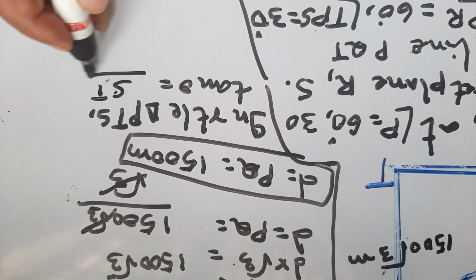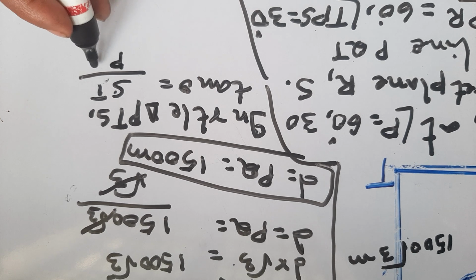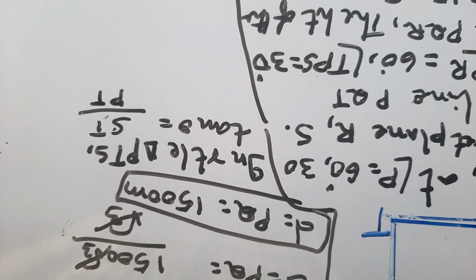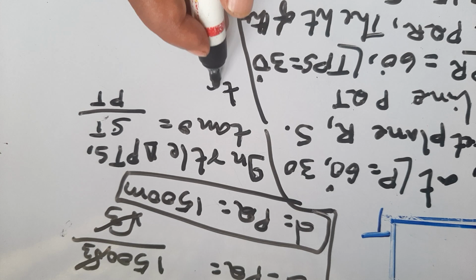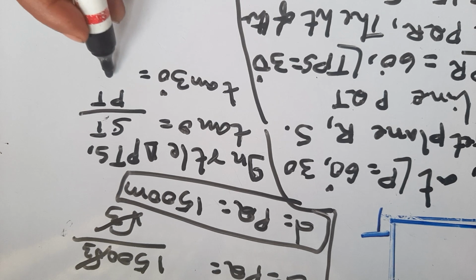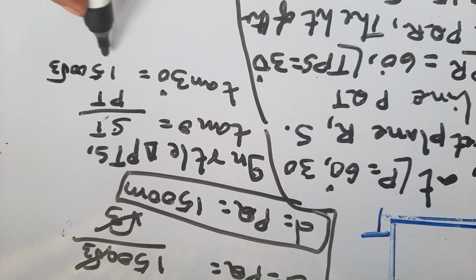Then tan 30 degrees is equal to ST, that is 1500 root 3 meters, divided by PT. PT is the D.